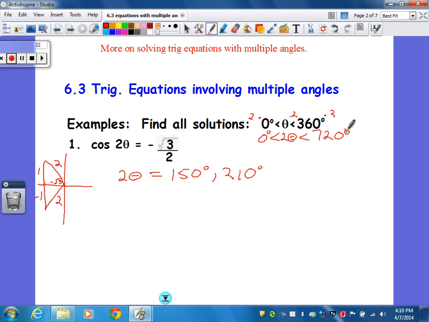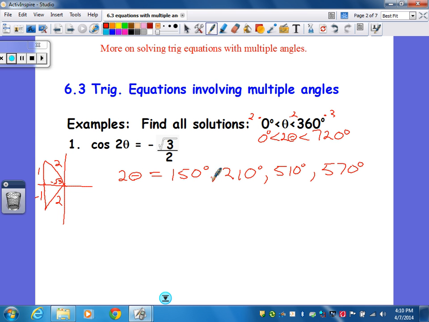This is going to be 150 plus another 360, which gets us to 510 degrees. And then 210 plus another 360, because we're basically doubling the angle, is 570 degrees.